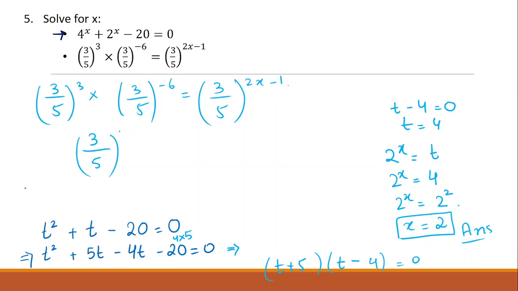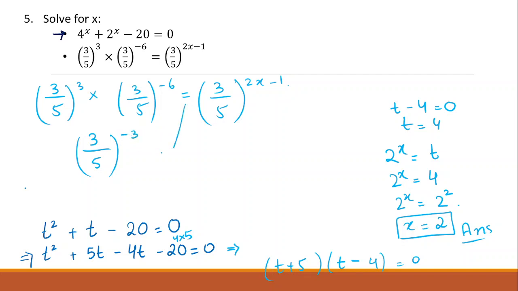So 3 plus minus 6. When plus is multiplied by a negative sign, you will get a negative sign, so you can just write 3 minus 6, right? 3 minus 6 is basically negative 3.